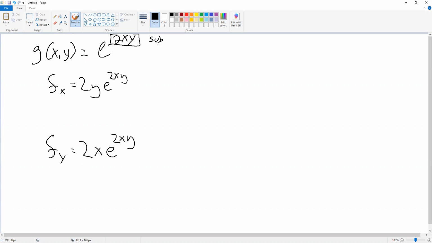When we do that substitution, we see we get 2xy, then we differentiate that 2xy, well, we know that this guy's a constant, it comes along for the ride, it becomes 2y e to the 2xy. Same thing for here. Now we're going to do the same thing, but this time y is the one we're looking at, x is a constant, comes along for the ride. Any questions at all?